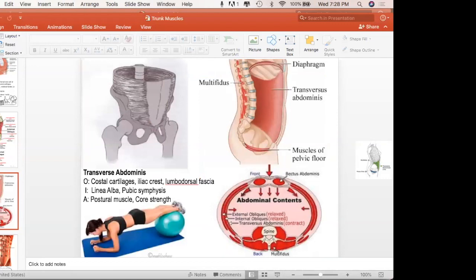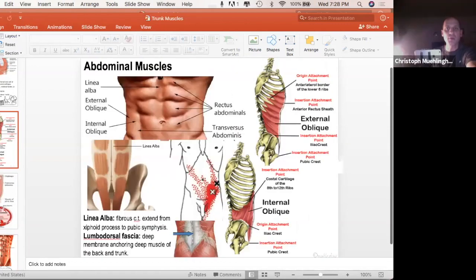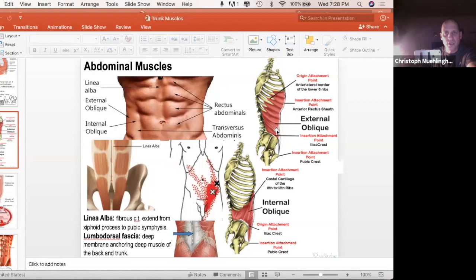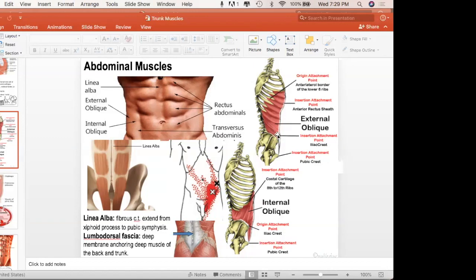What I'm trying to describe are, I like this picture because it's got all the attachments. It's actually really accurate. So one goes this way, from the ribs downward to the linea alba, and the other one goes from the inside outward. When we work on the model, you hold your fingers according to how the muscle fibers orient, like you put your hands in your pockets, this way, downward.